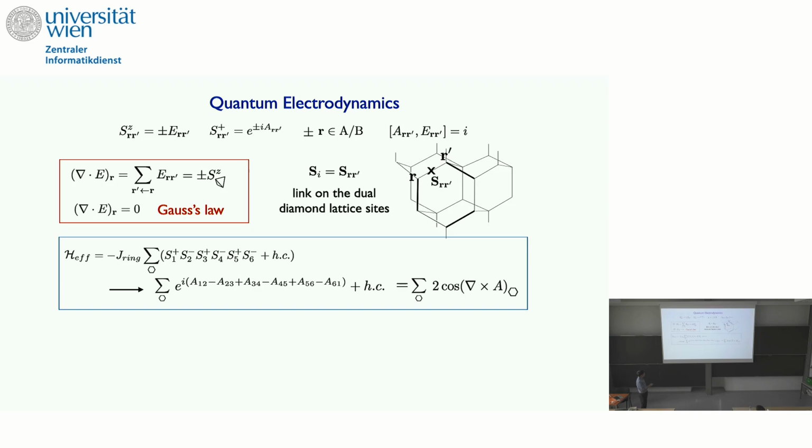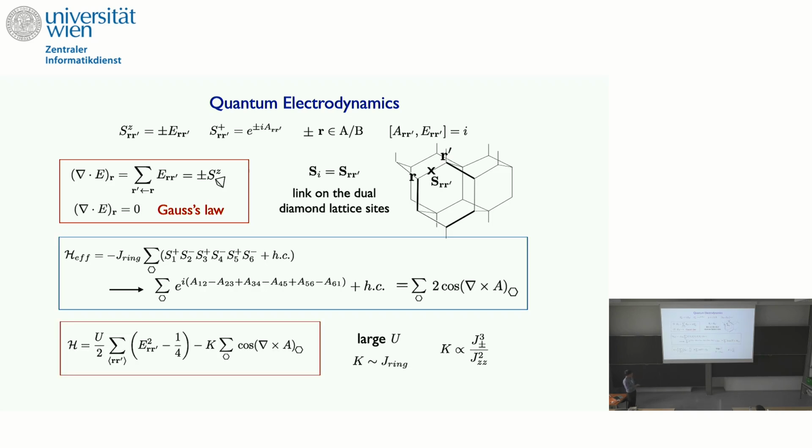More interestingly, if you plug in this expression, the ring exchange term becomes a cosine of the curl of A defined around the hexagon. Then your effective Hamiltonian looks like this. This term comes from the ring exchange term, and the electric field squared minus 1/4 comes from the fact that we are dealing with a spin-half object.